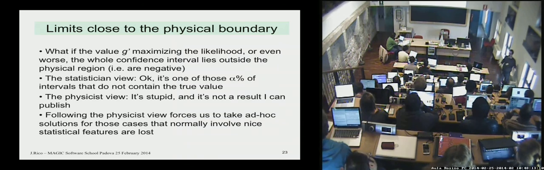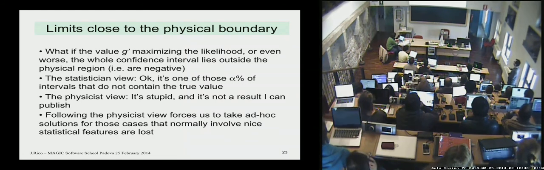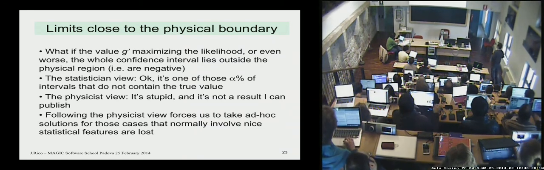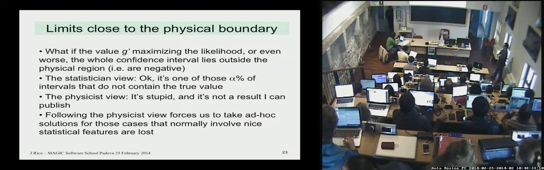So you should do something about it, and we do it. But then keep in mind that following this physicist view forces us to take ad hoc solutions for those limits close to the physics boundary, and normally the nice statistical features that this method has are lost, simply.